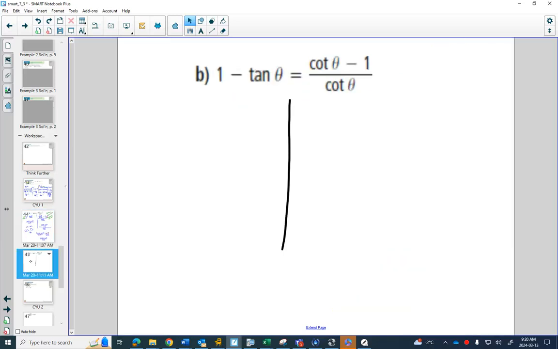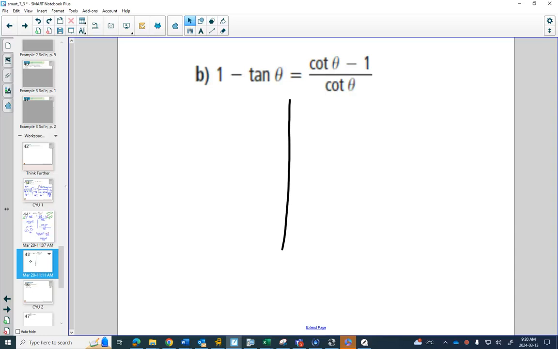However, sometimes when you're looking at one side or the other, there are some shortcuts that you might notice. And one of the shortcuts that can be really helpful is like, hey, is there a relationship between cotangent and tangent? Yes. Tangent is 1 over cotangent. Cotangent is 1 over tangent.